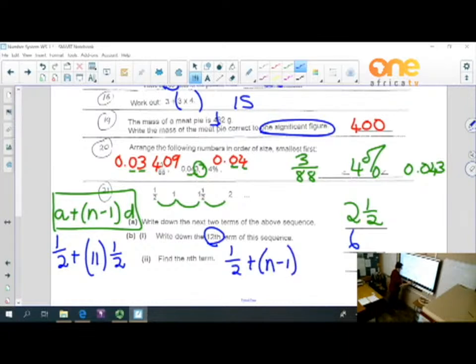I must find n. The common difference is a half. We have to multiply it in here. So it is then a half n, and then plus a half minus a half is, so it remains a half n. Right, so we'll continue this worksheet in a second lesson. Thank you.